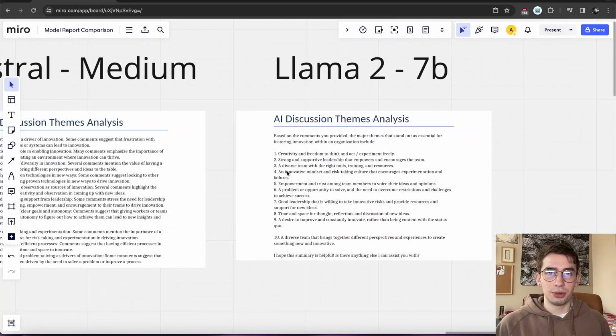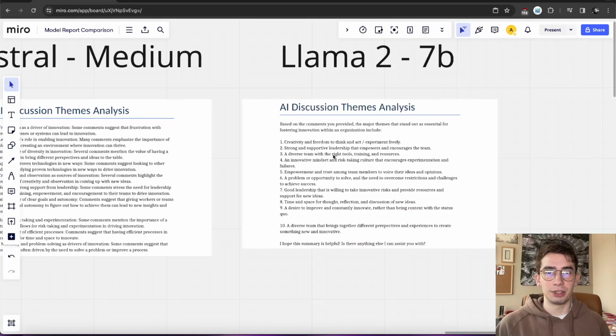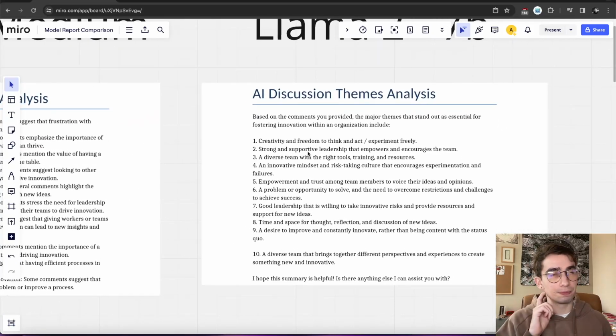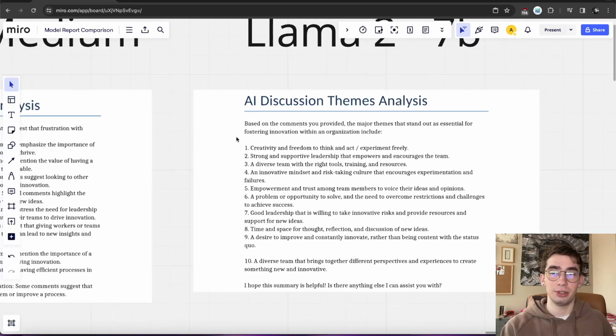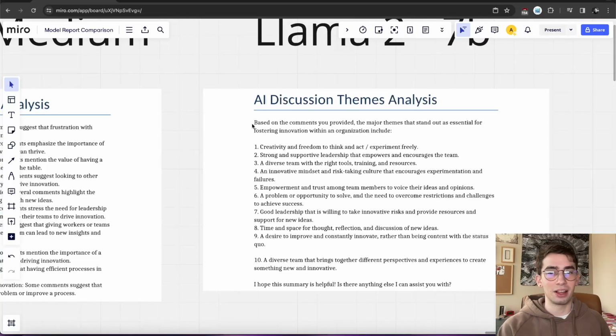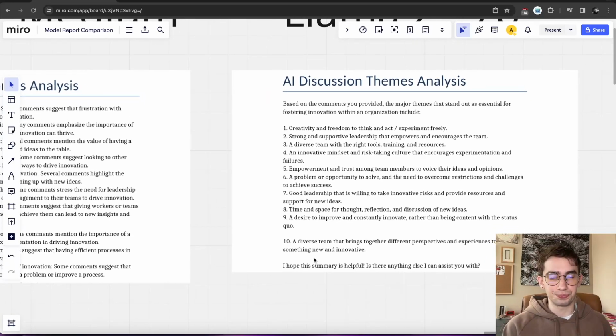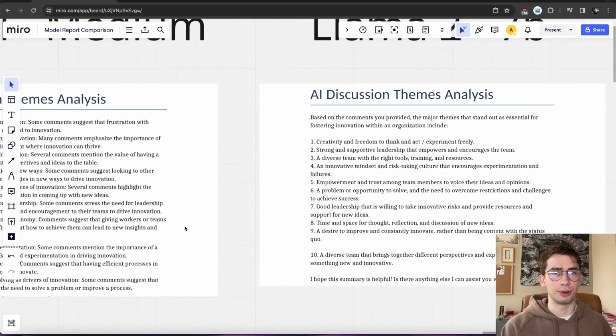Llama2 also put together something similar to what we saw with Gemini Pro and 3.5 Turbo, with not too big or too small of an explanation, but still a solid one-liner of these themes. One of the things that I also saw with Llama2 is that it did like to add a lot more fluff on the edges, not just provide me with the list that I was specifically looking for.